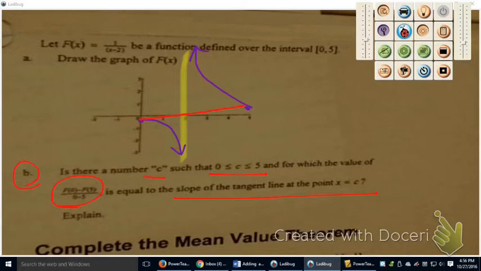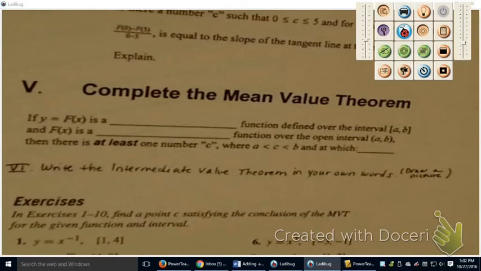So there must be something going on about being able to do this. If you have a graph that's continuous and differentiable like the first one, if you connect two endpoints, there should be somewhere between there where the slope of the tangent line and the slope of the secant line are the same. So let's write out what the mean value theorem says.